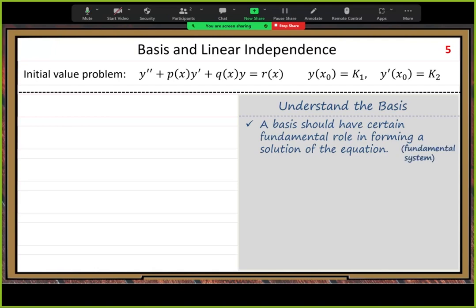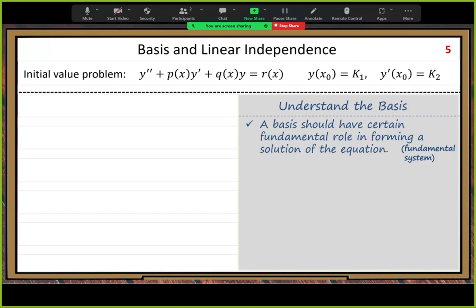Together we treat it as a system, a fundamental system. But most of the time people call it a basis, which is well known. If you say fundamental system, not many people know what it means.